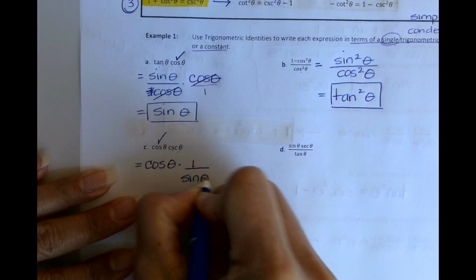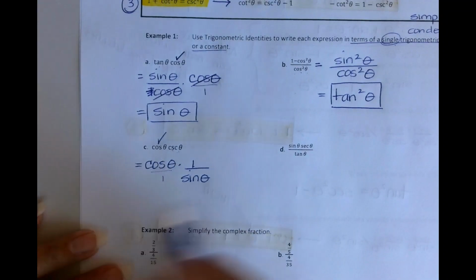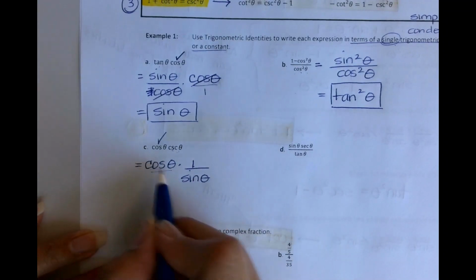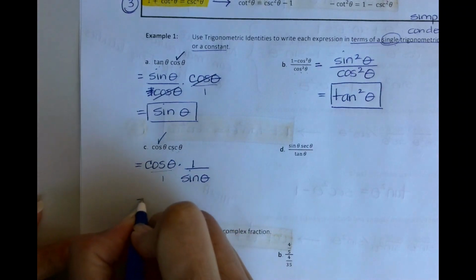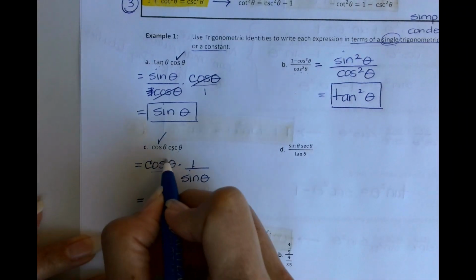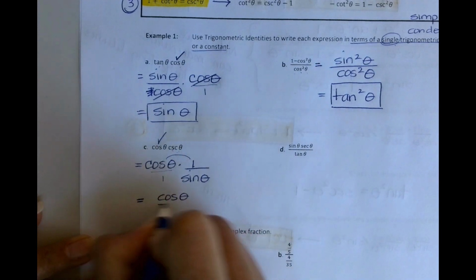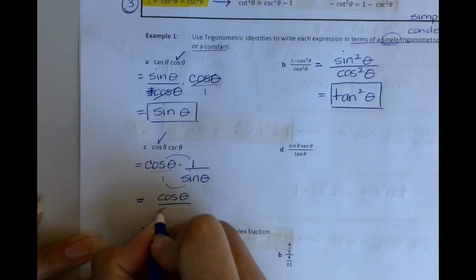So again, this is like saying over 1. So there's nothing to cancel, so I'm just going to straight multiply my trig functions. Cosine theta times 1 is a cosine theta. A 1 times a sine theta is a sine theta.